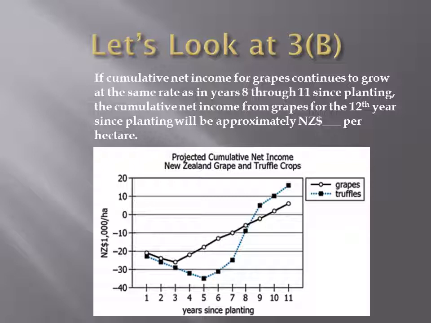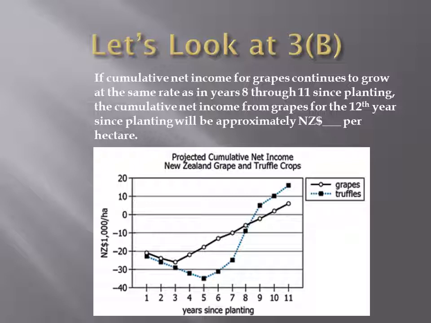We're looking at years 8 through 11. So again, it's important to know where the end of one year is and where the beginning of the next year starts. If we're looking at the growth in years 8 through 11, that's going to be the whole year of 8, the whole year of 9, the whole year of 10, the whole year of 11.